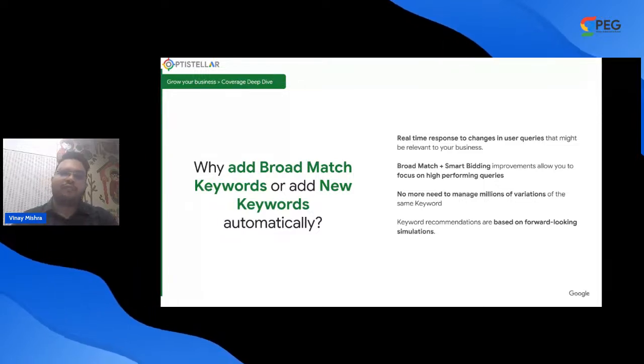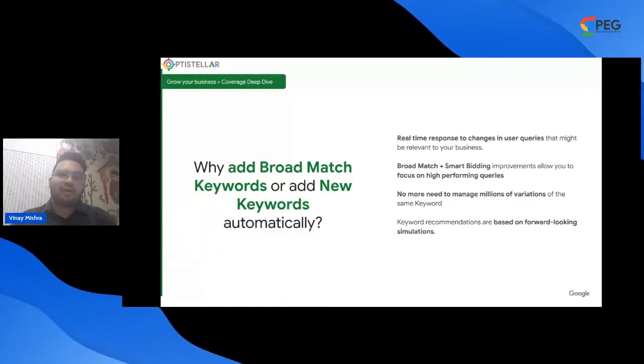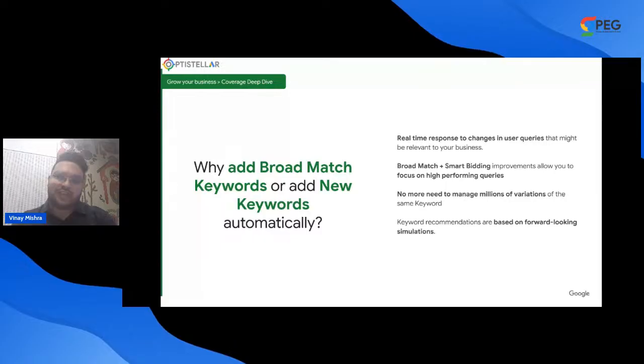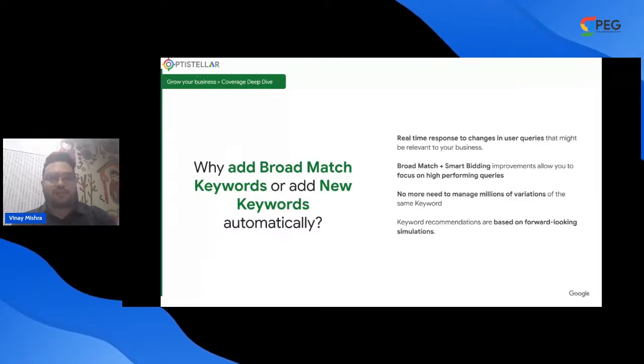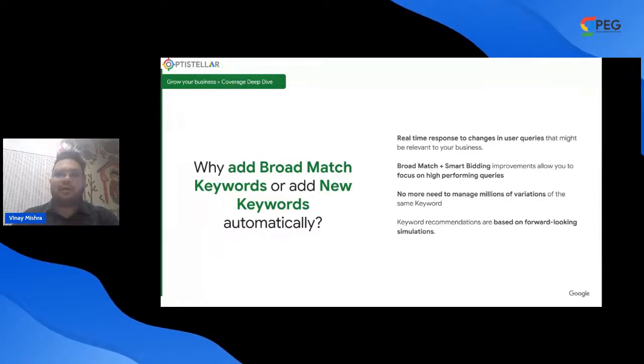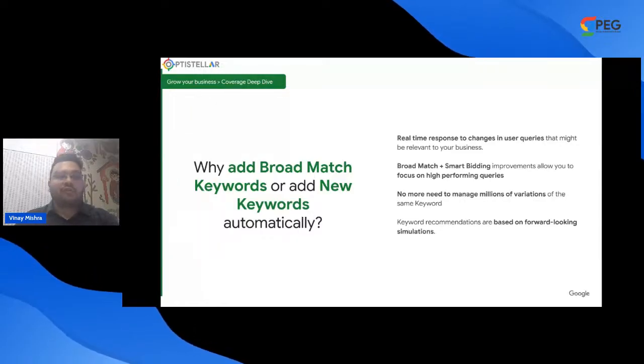With this, when we are adding broad match keywords or new keywords, we are eliminating the manual effort we have to put in to manage millions of variations of the same keyword, as we would when using phrase match or exact match. And as I've mentioned, the recommendations are forward looking.